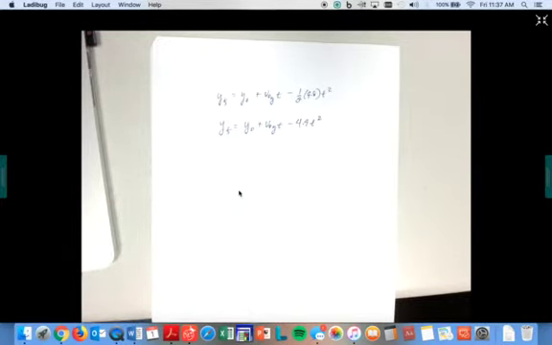Now, sometimes you might have to solve a quadratic on a homework problem. I try and avoid them a little bit on exams, but you can do it. You're totally capable of doing a quadratic equation.